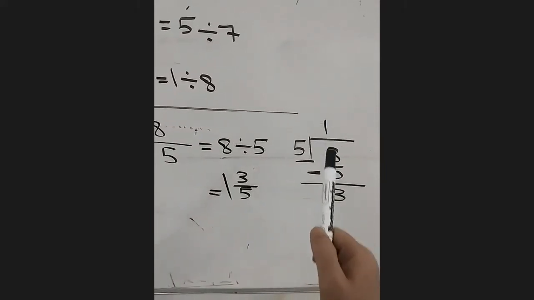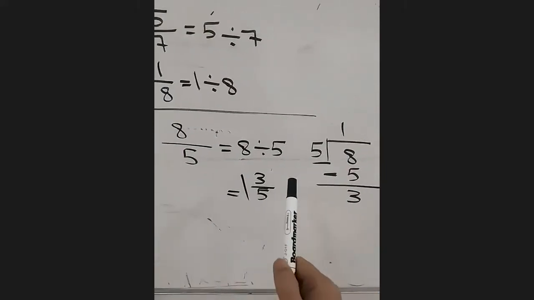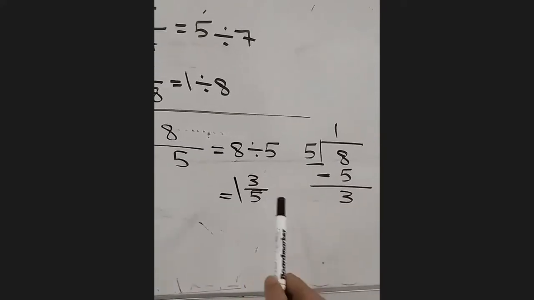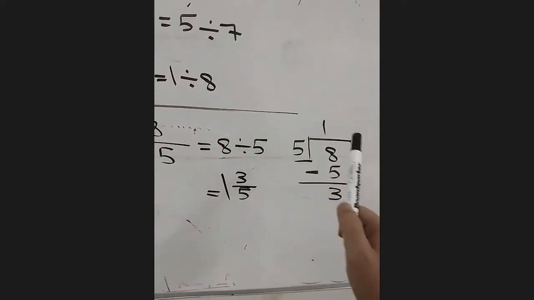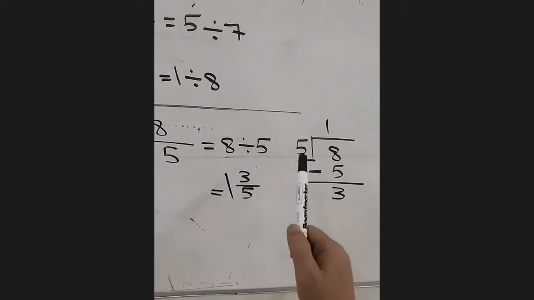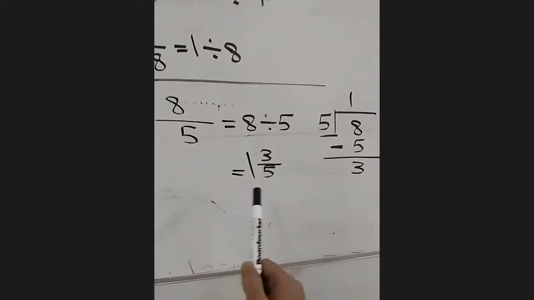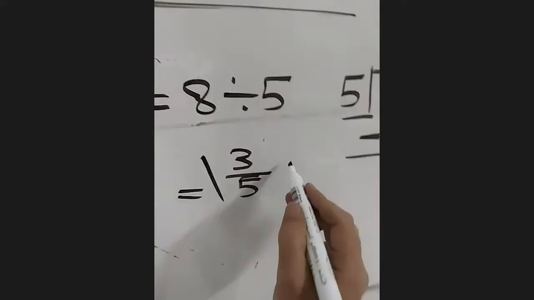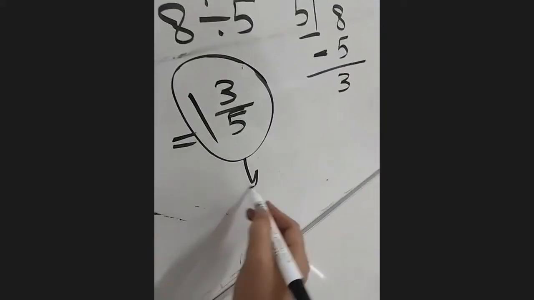The answer is 1 and remainder 3. How do we express it? We say 1 and 3 over 5. This we call a mixed number.